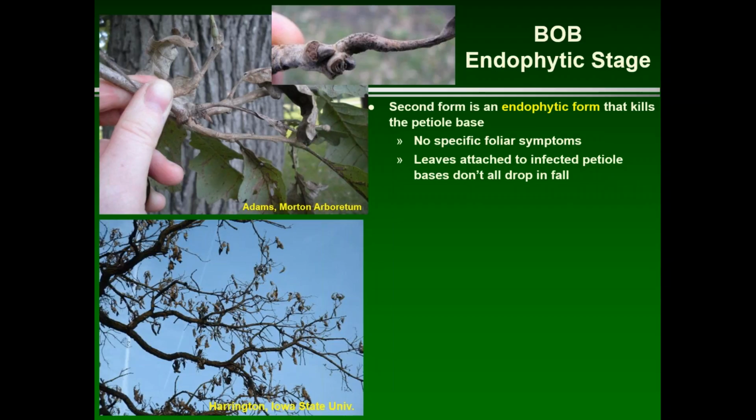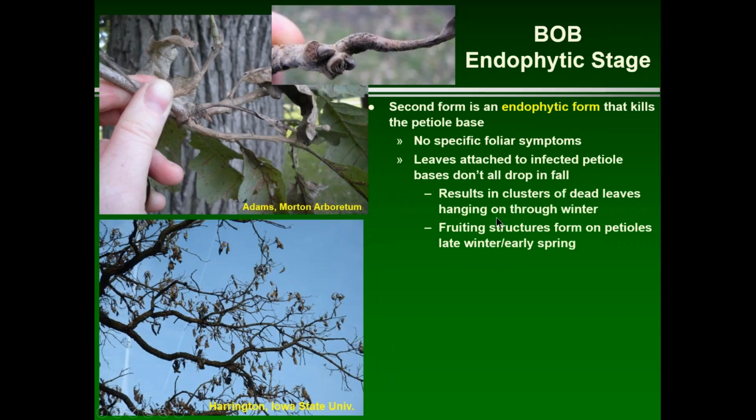They'll hang on through the winter, and then looking in the spring of the year, early spring, we have these clusters, and the fruiting structures of the endophytic form on the petiole bases. The petiole bases will often swell, and then we will get the fruiting structures that form on these petiole bases that are still attached to the tree.